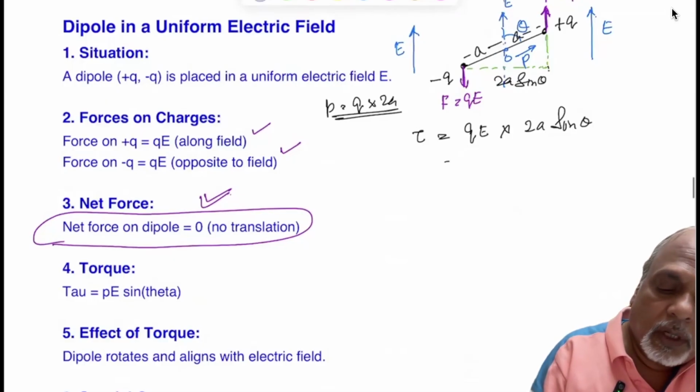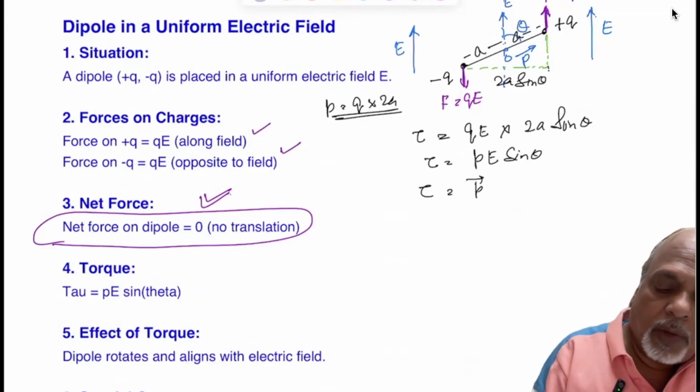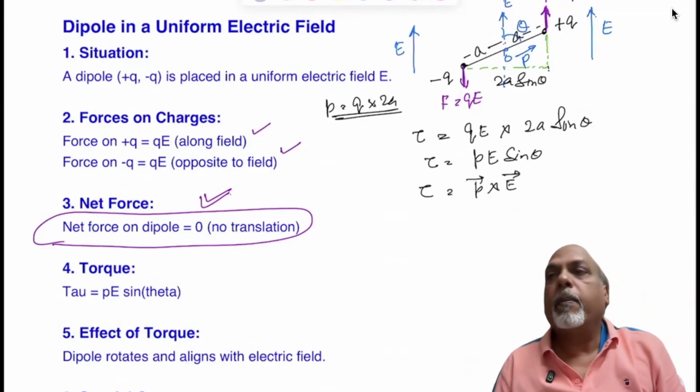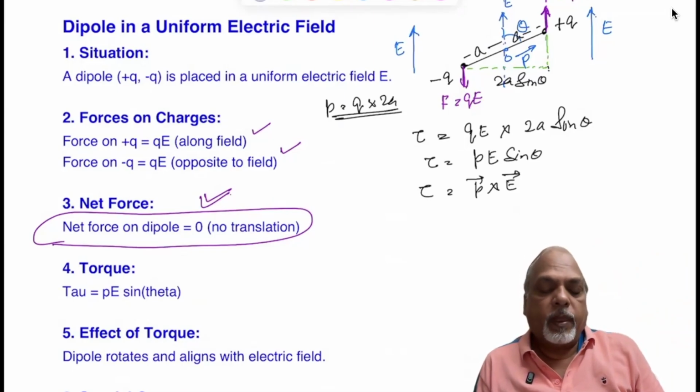That means this is PE sine theta, or we can write it as the cross product of dipole moment into electric field. Correct?